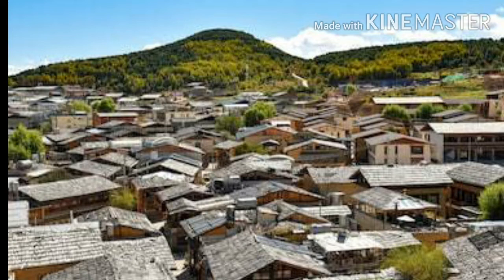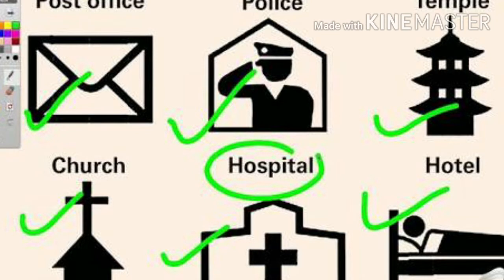Some areas they are raising for food crops or cash crops. Otherwise, some part may be reserved for residential areas. There you can see schools, places of worship and shops.